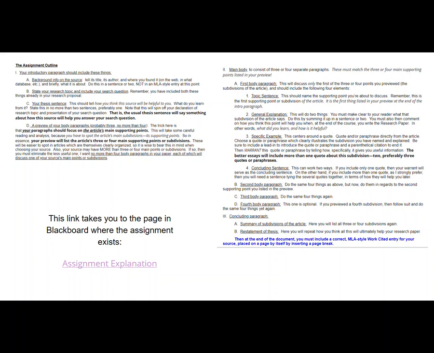Note that this will spin off your declaration of research topic and presentation of your search question. That is, the usual thesis sentence will say something about how this source will help you answer your search question. I'm being real emphatic because that's a little bit different than how we've been working with thesis sentences up till this point.